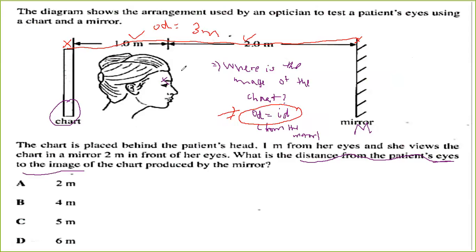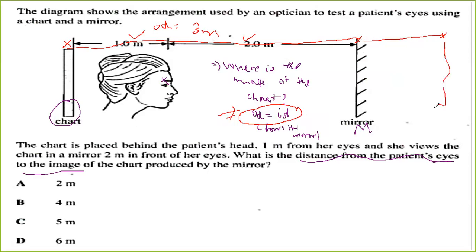Just like angle of incidence is equal to angle of reflection, if the angle of incidence is 65, then the angle of reflection is also 65. If the object distance is 3 meters, then the image distance is 3 meters. So that means that the image is 3 meters behind the mirror because the object is 3 meters in front of the mirror.